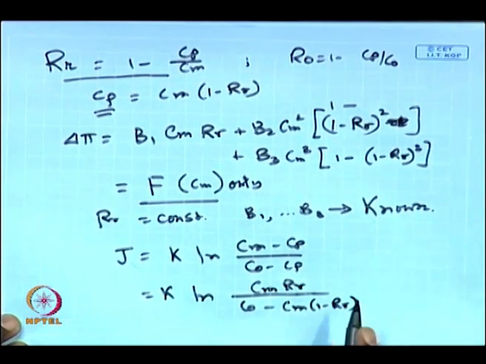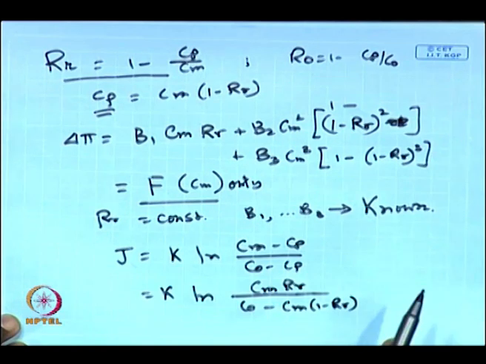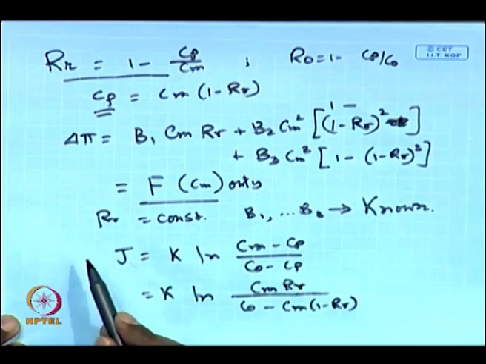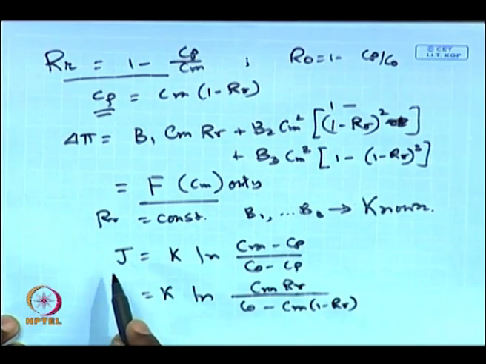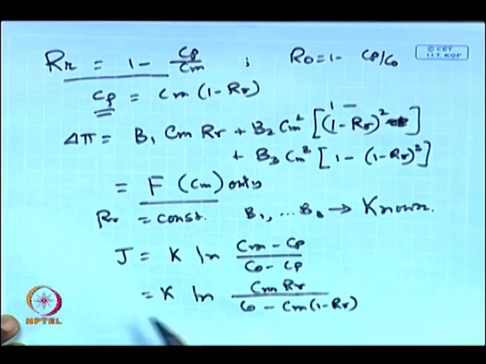Now you can equate the expression of the solvent flux from Darcy's law and from the film theory, and you will obtain an algebraic equation in terms of Cm only.